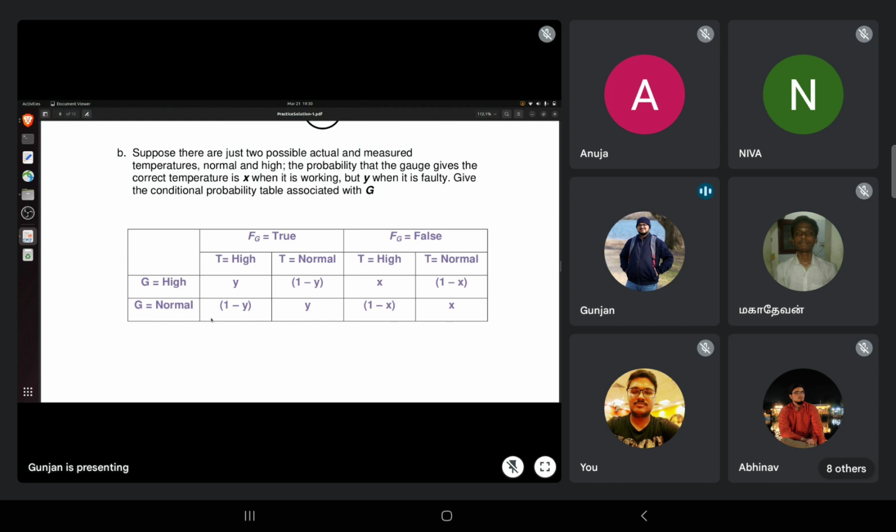Similarly, in the row below this, when temperature is high, the gauge is giving normal. That means it is giving an incorrect reading because it is faulty. That happens again with probability Y, and here it is giving high as normal, doing the opposite, so it is 1 minus Y. And similarly, whenever it is reporting normal as normal, that means it is giving the wrong value, and that happens with probability Y.